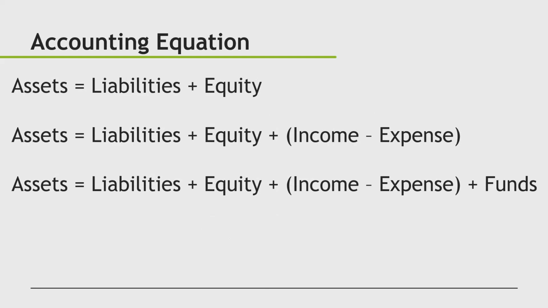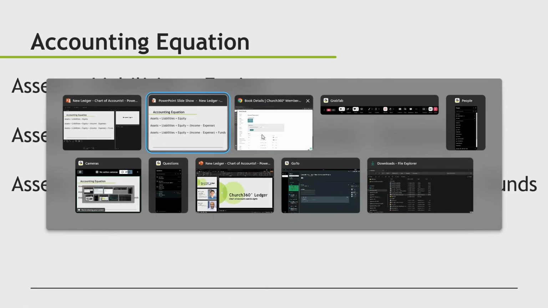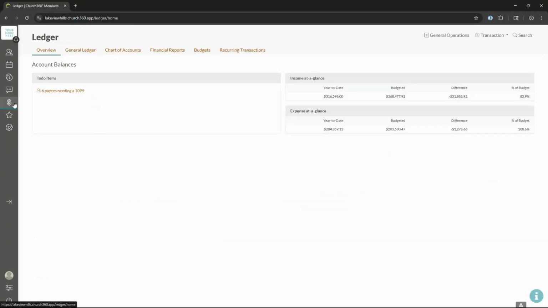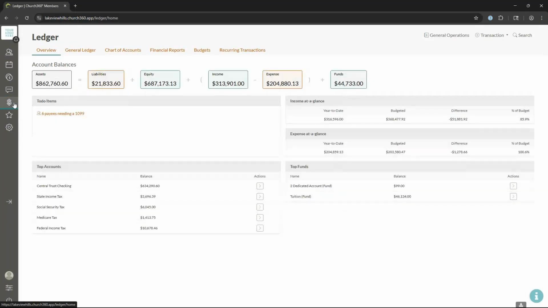Again, that concept may still seem a little fuzzy, and I'm going to hope to bring it into view for you. One place you can see it in action, with some numbers, is right here on the overview screen in our ledger. This overview screen shows the expanded accounting formula with the numbers you have in the system.